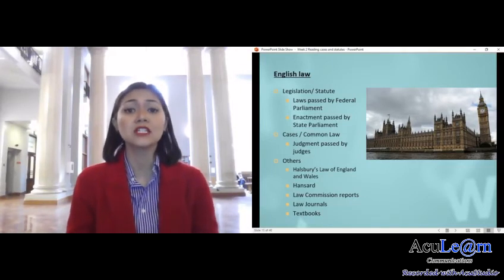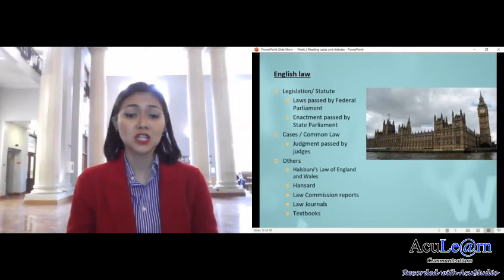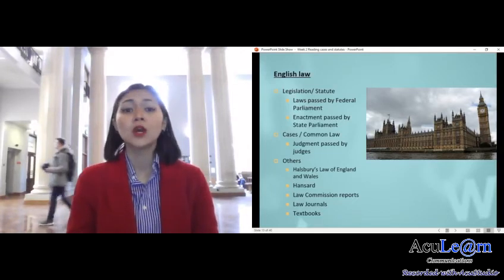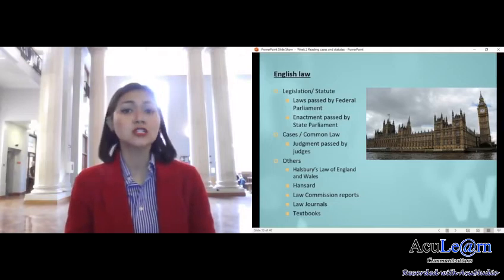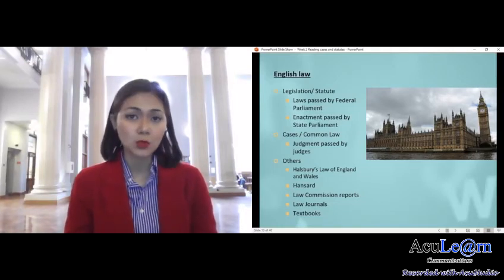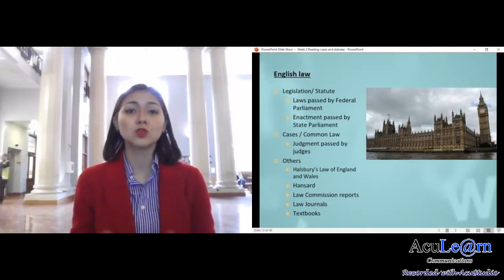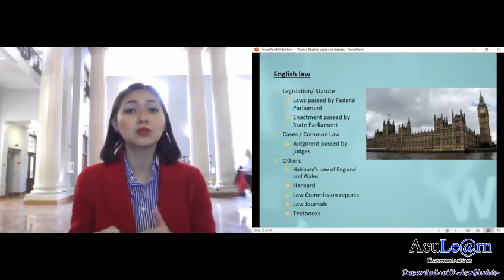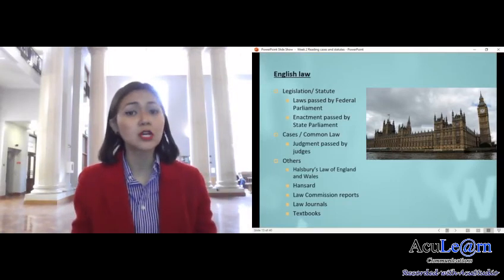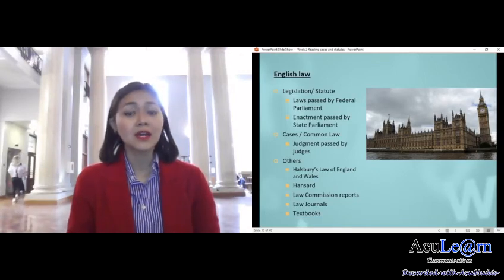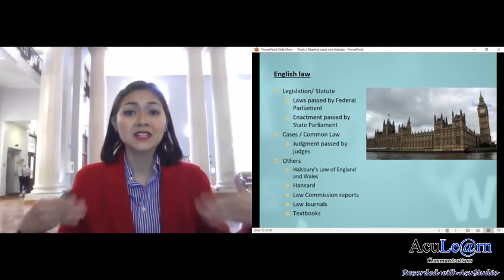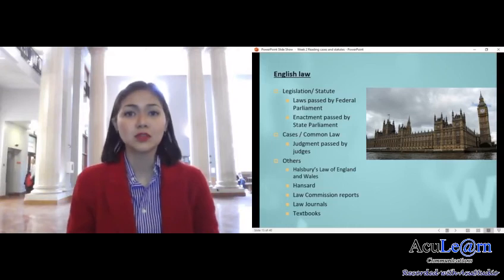These are the judgments passed by judges. Other materials that lawyers or law students can refer to would be Halsbury's Laws of England and Wales, Hansard, Law Commission reports, law journals, as well as textbooks. So you shouldn't limit yourself to textbooks only, but do explore other sources of law, journal articles, and all the lists mentioned on the slides itself in order to give very detailed and extensive advice to your client.